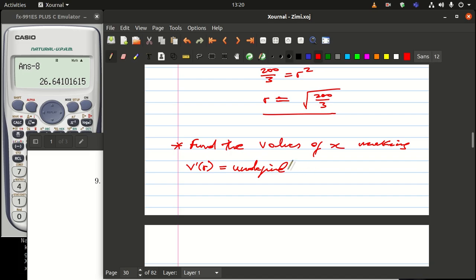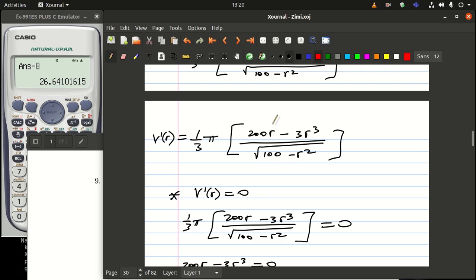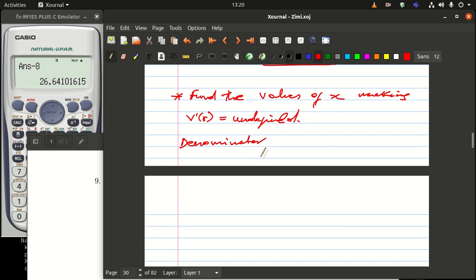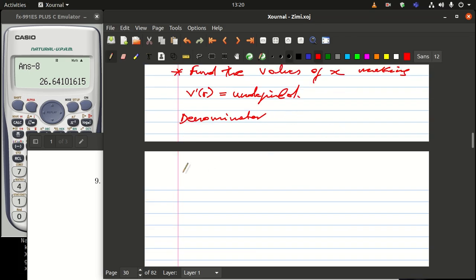So this is only going to happen when the denominator is equal to 0. Because we have a fraction here, this is our V prime of r, and this is the part that can cause it, which means that this is only going to happen if the square root of 100 minus r squared is equal to 0. If I square both sides, I have 100 minus r squared is equal to 0 squared.